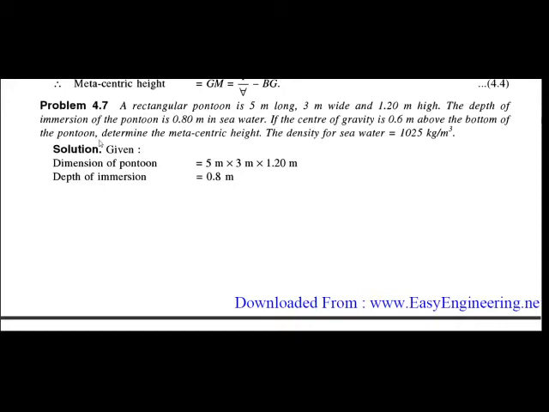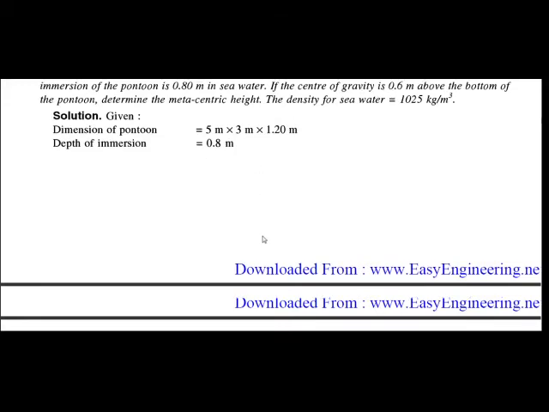So what they have given in the example is the dimensions of the pontoon, which is 5 meter long, 3 meter wide, 1.2 meter high. Also they have given the depth of immersion, which is 0.8 meter, the density of seawater is 1025, and the center of gravity is 0.6 meter above the bottom of the pontoon.